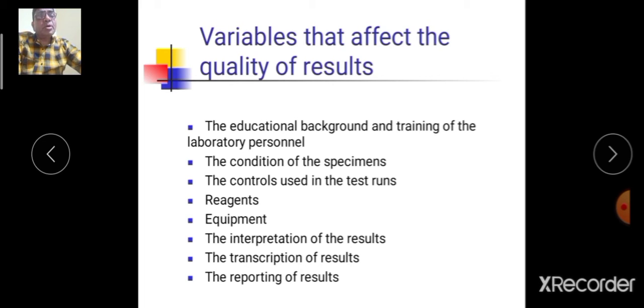The transcription of the result and the final reporting of results, these variables can affect the quality of the result.